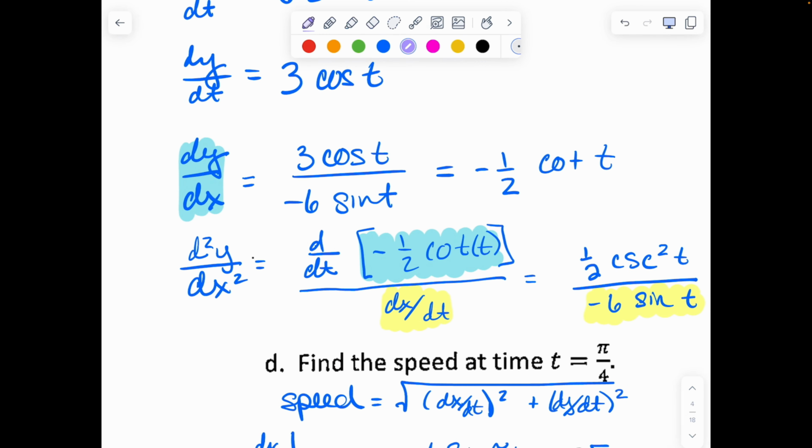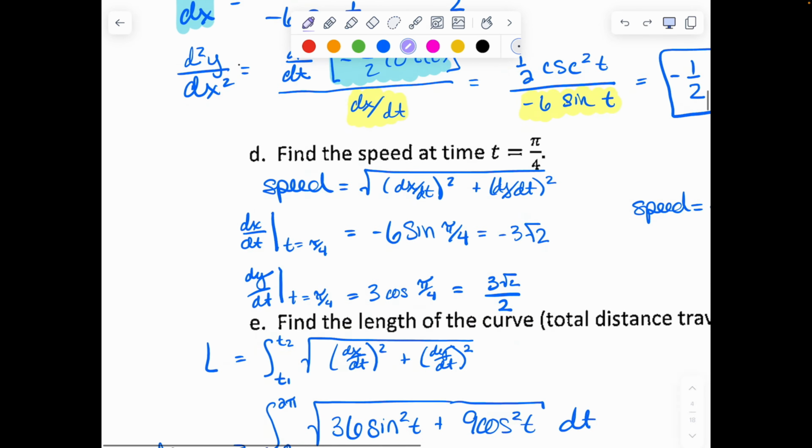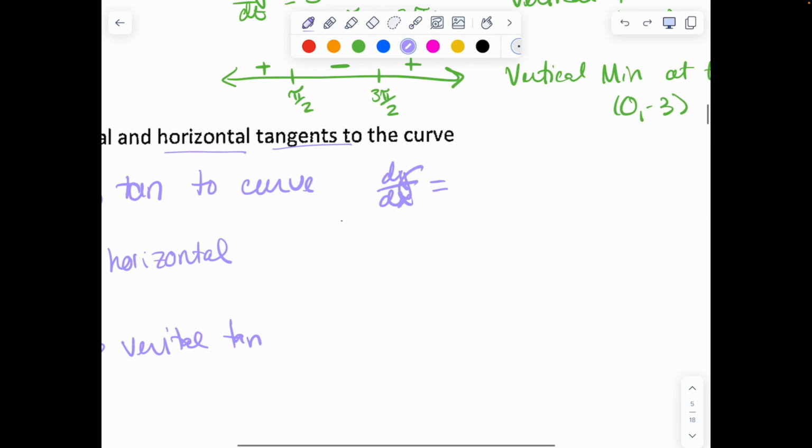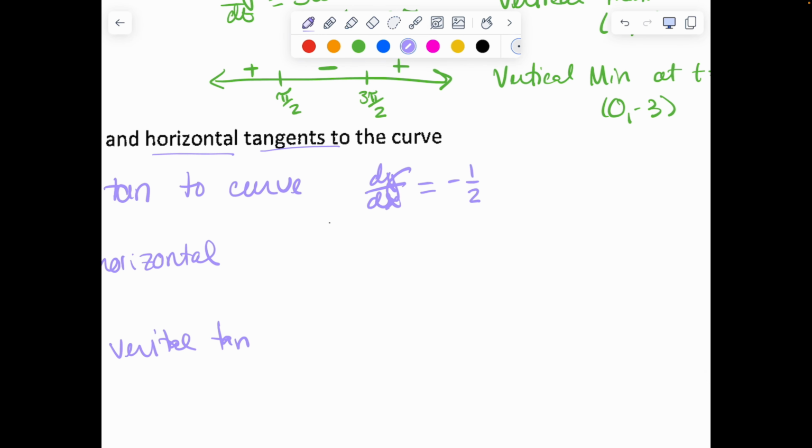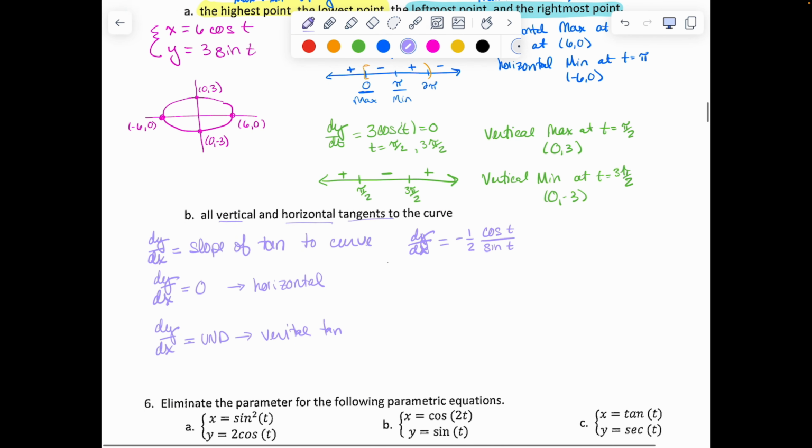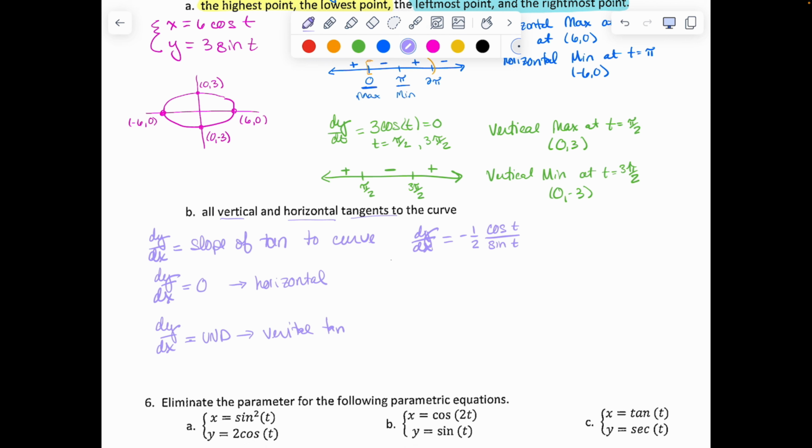Cotangent is nice and all, but since I'm looking for when the numerator or the denominator equals 0, it's actually kind of easier to look at the cosine over sine version of it because it helps me to wrap my head around it. So this is -1/2 cosine over sine. Okay, so horizontal, when the numerator equals 0, when does cosine equal 0?